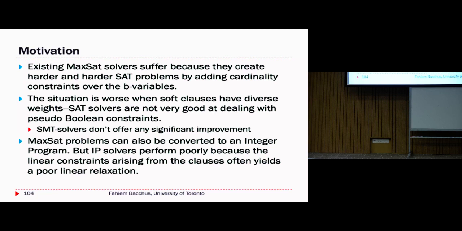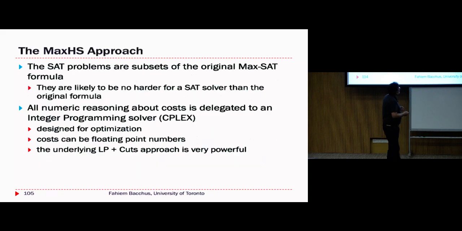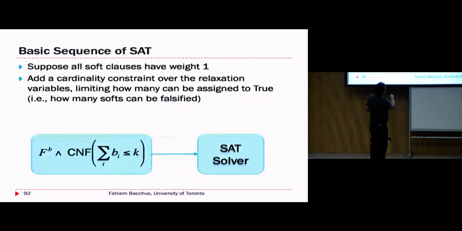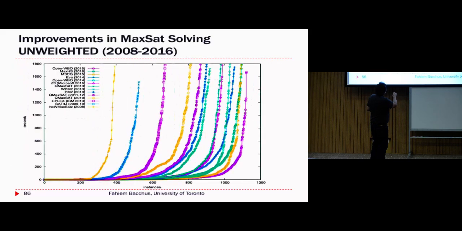Now, you can also convert Maxsat to integer programs. So every clause is a linear constraint, but the integer program solvers don't do very well either. I showed you that. Let me go back and show you again. Yeah, so this graph here is Cplex. So that's the integer programming solver. And you can see it's much worse.